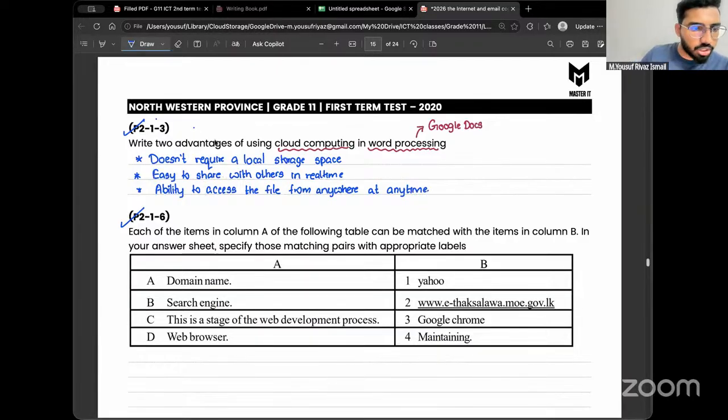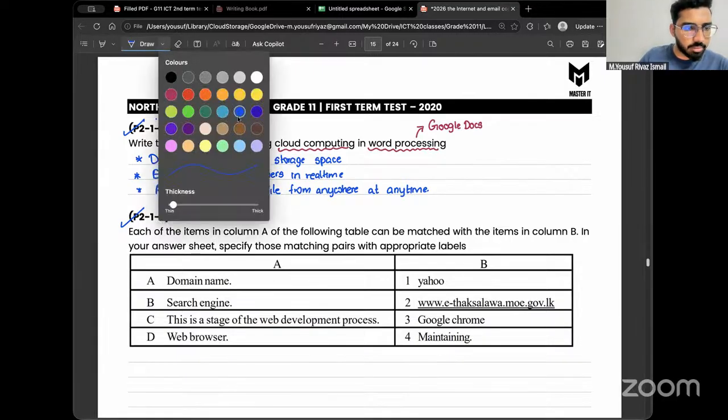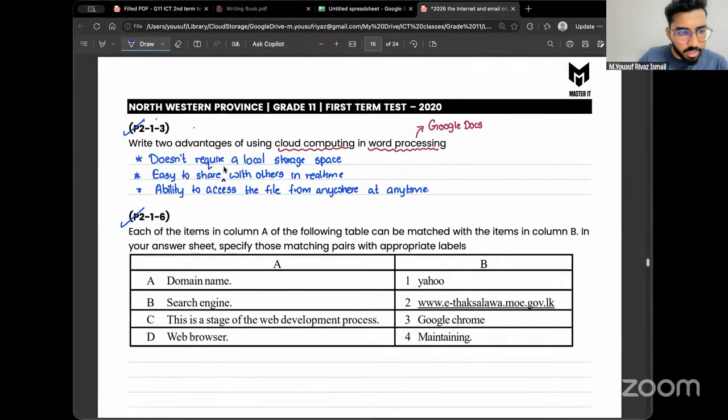So you can mention easily share changes with others in real time.